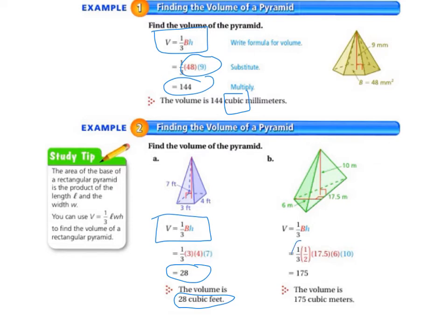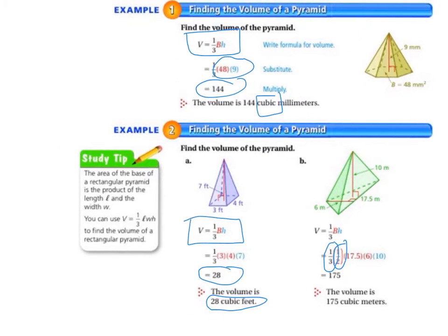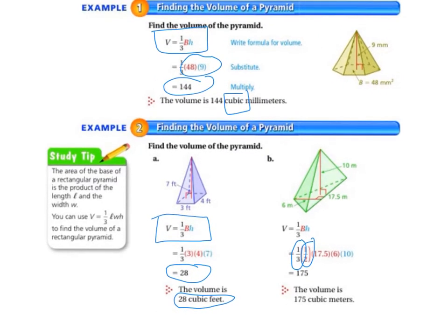So we do 1/3 times 1/2, and then we have the area of the base, which is 17.5 times 6, and then we multiply that by the height, which is 10. So when we multiply all of that out, we end up with 175 cubic meters.